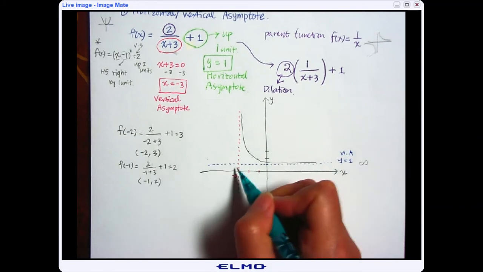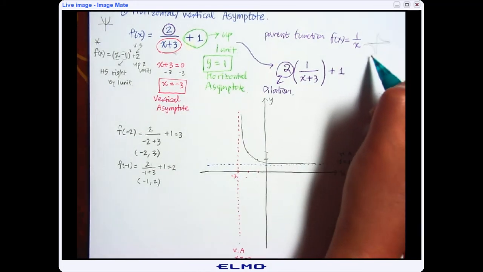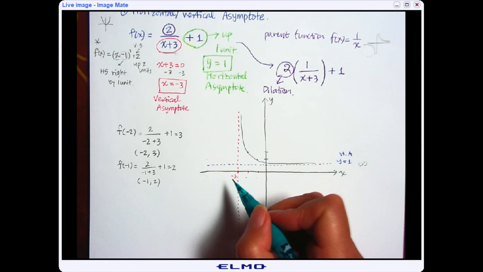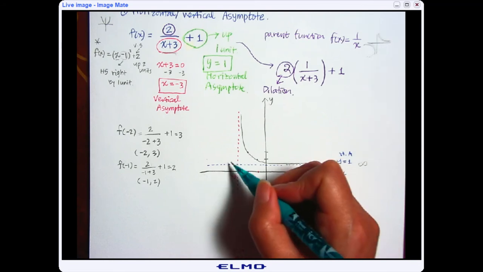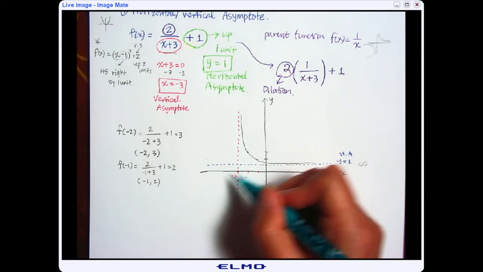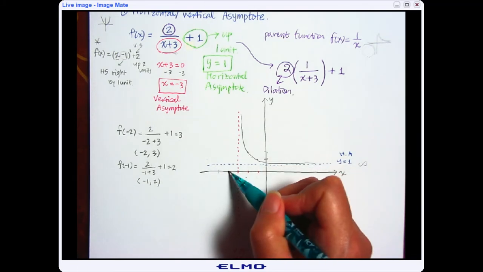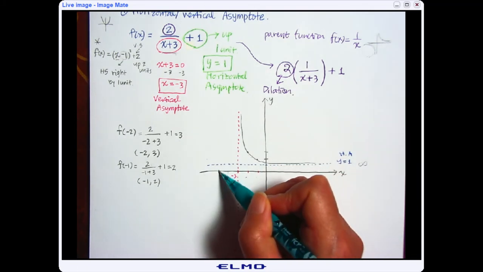So then now I have to have some guideline for the other piece here. So it might be a good idea for us to pick some testing points on the left side of this vertical asymptote. So I will probably use -4 and -5.